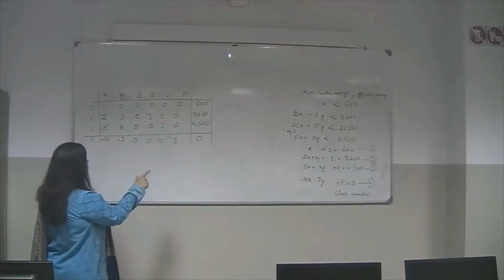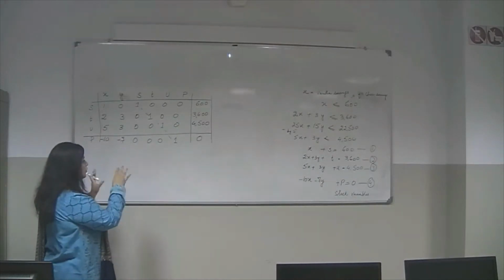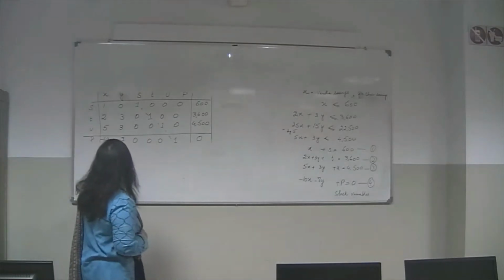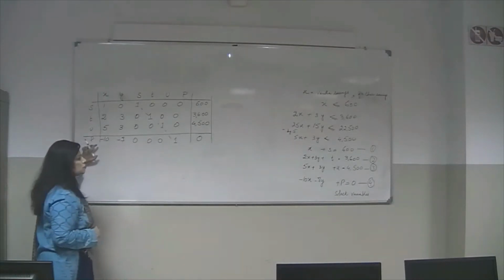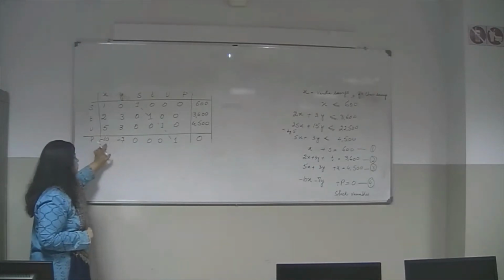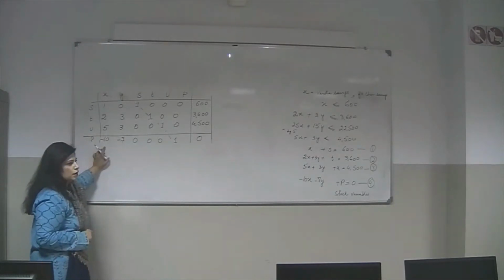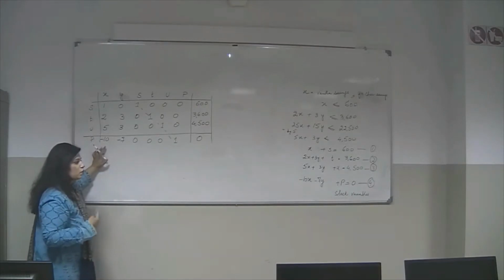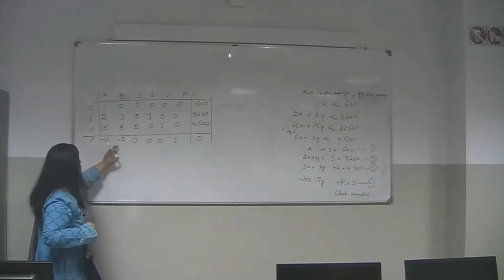Now we are going to be doing some operation on this table so that when we make the new one, the objective is to convert the variables which have negative value into positive value, or remove this value and convert it into 0, because we don't want this negative. We would rather have the 0.